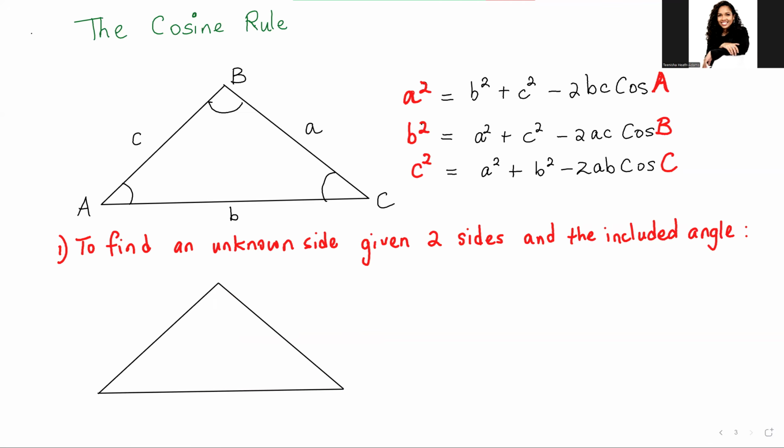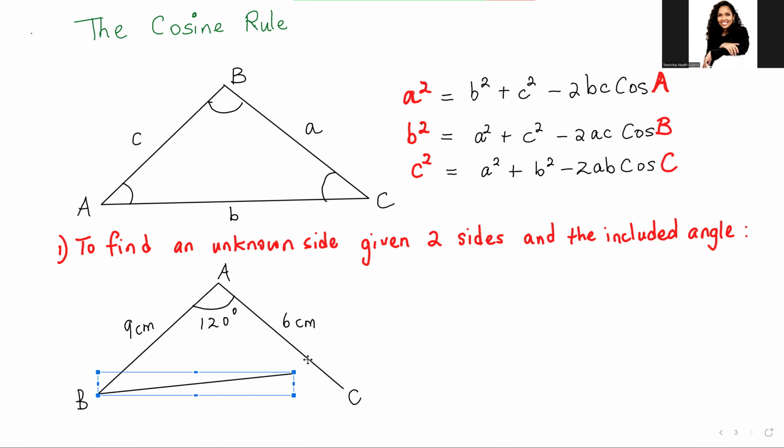Let's say this is A, B, C. Let's say this angle here is 120 degrees, and this side is 9 centimeters. This side is 6 centimeters. Let me make this look a little more believable, because that side can't be 6 up there. Even though it's not drawn to scale, I still want it to look a little bit better. This is better. Good.